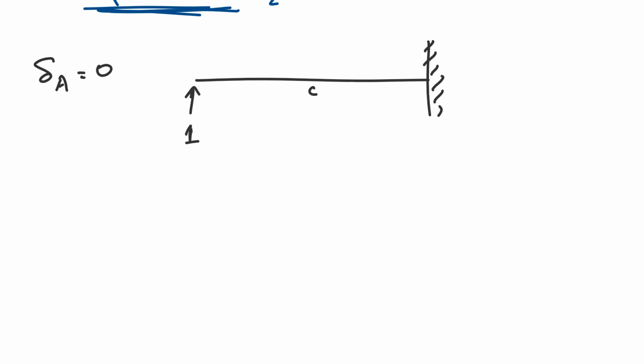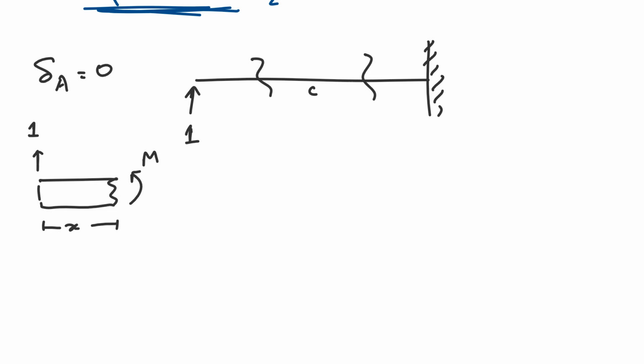So now we just have to make those two slices again. Okay? So first slice. Now I'm going to go a bit quicker here because this is pretty easy. First slice here, and then this is X. We're going to have a bending moment M. And obviously M is just going to be equal to X here. If you sum the moments about this point, you're just going to get M equals X times 1. Okay? Now we make another slice over here.